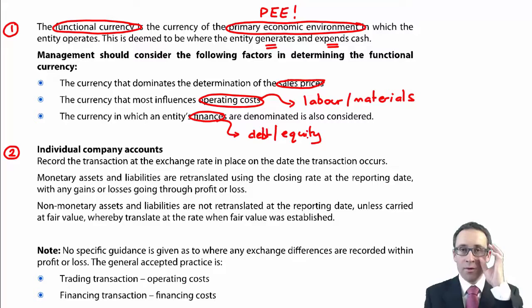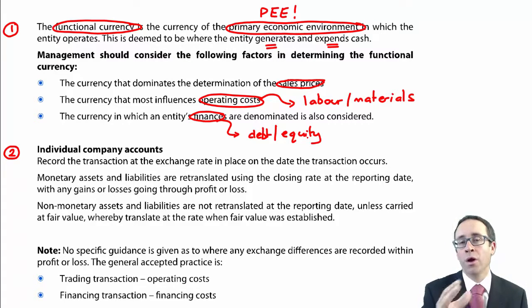But maybe if you are a developing country, or a country where there is an unstable economy, then instead of invoicing your customers in your local currency, you might invoice them in dollars. You might import most of your materials and again pay in a stable currency, which is dollars.